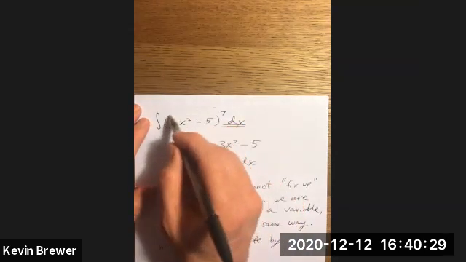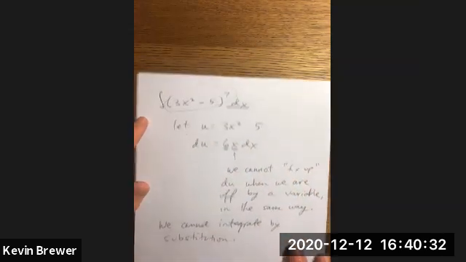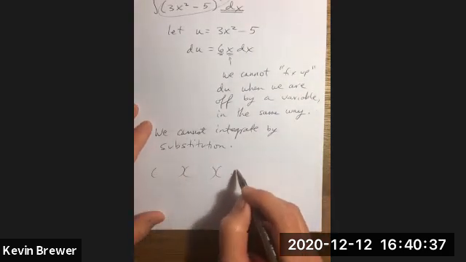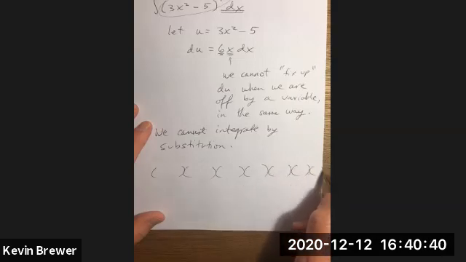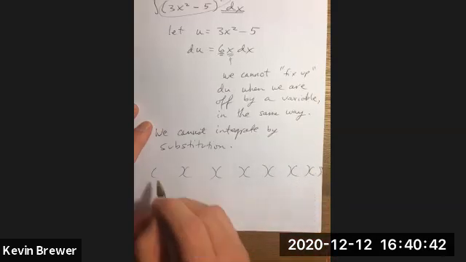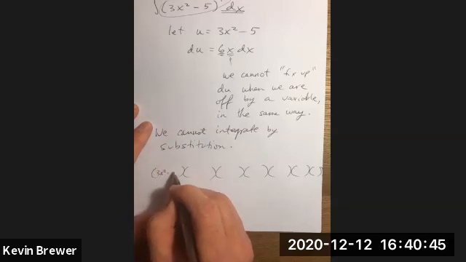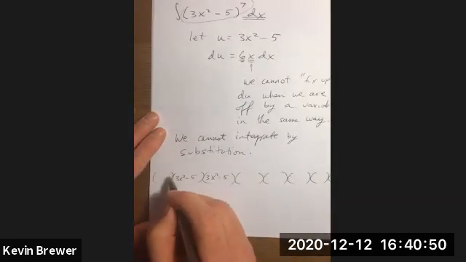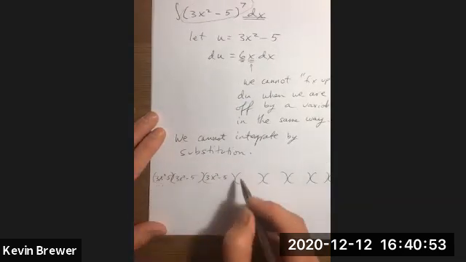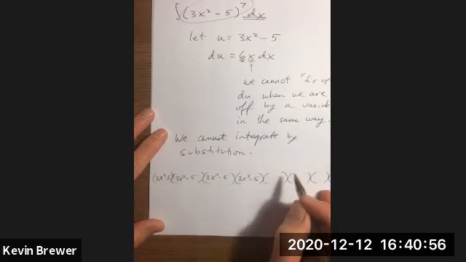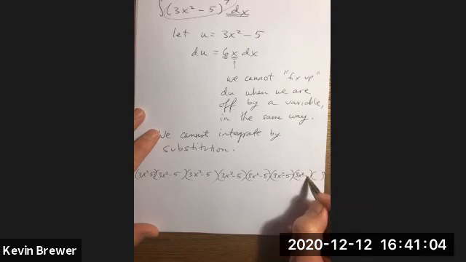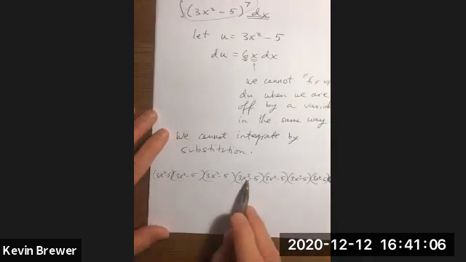I can think of something to do that would allow us to evaluate this integral. We could multiply 3x squared minus 5 by itself, seven factors in all.